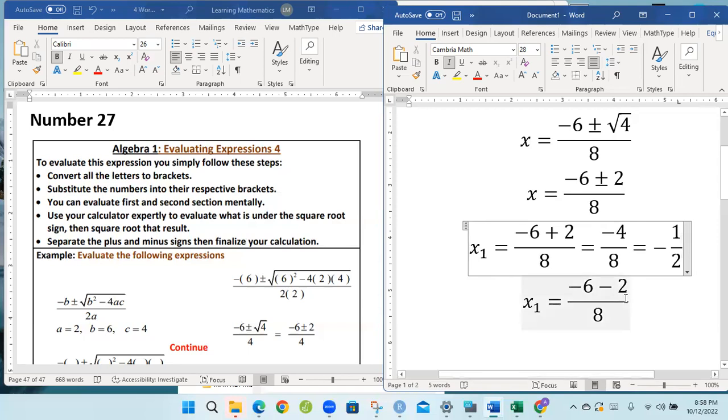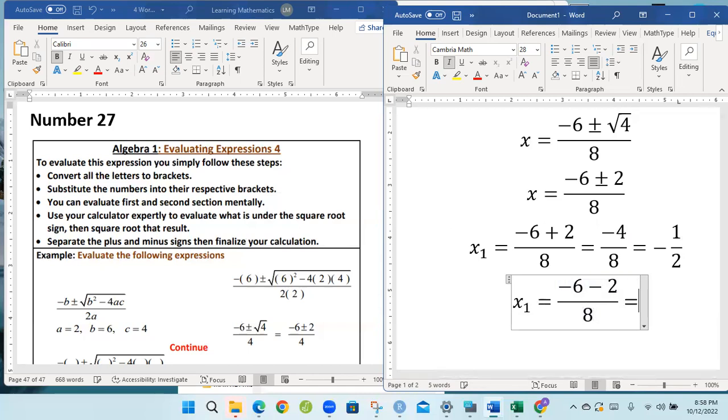The second value for x, negative 6 and a negative 2. A negative and a negative is a negative. So that is negative 8. That's 6 units towards the left and 2 units towards the left. So it's left all the way, 8 units towards the left, divided by a positive 8. A negative divided by a positive is a negative 1.